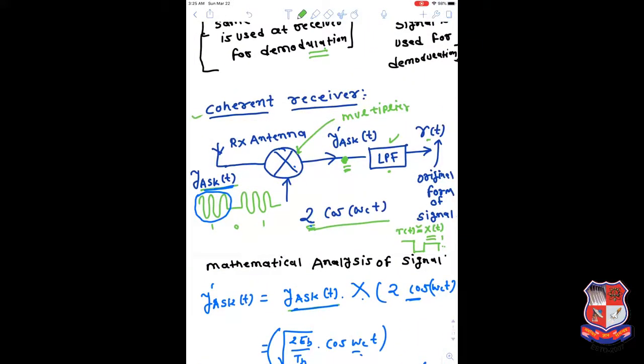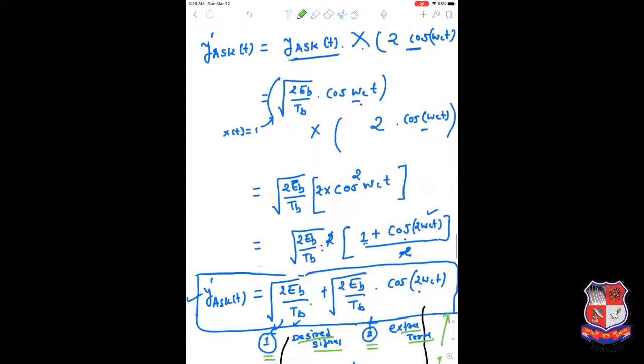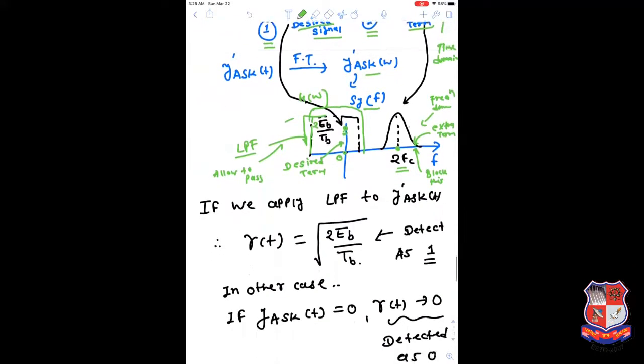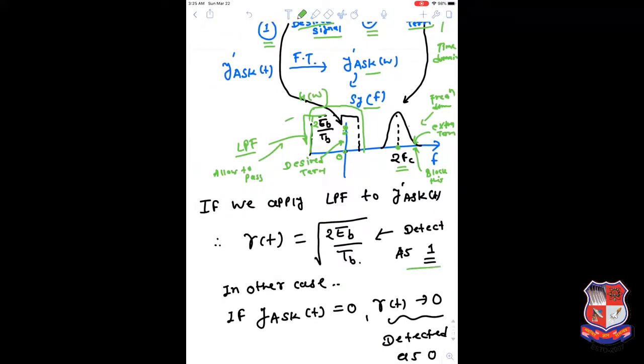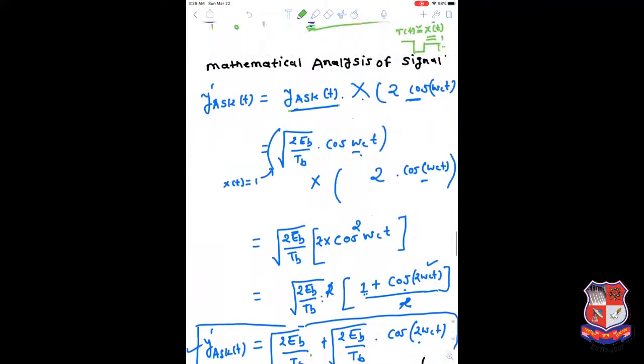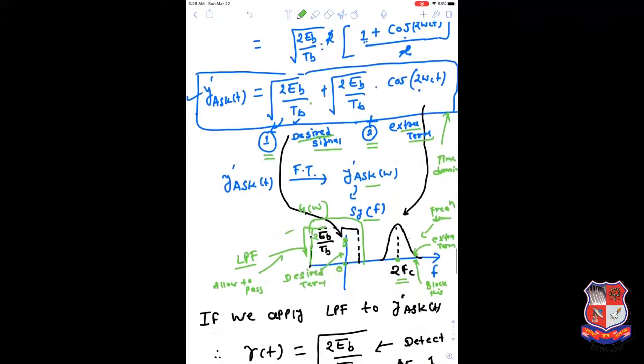By passing through the low pass filter, we block the second one and allow the first one to pass. So at the output R of t, we have only square root of 2 Eb by Tb, and this can be decoded as a 1, right? If the amplitude shift keying has a 0 bit, we can follow the same procedure as discussed in the mathematical equation.